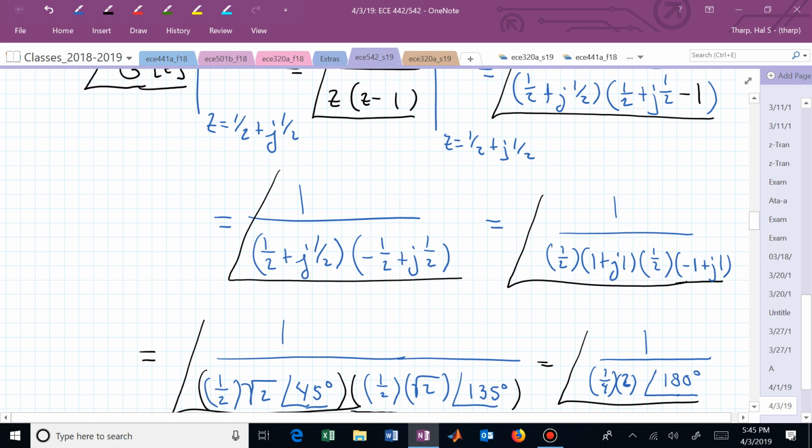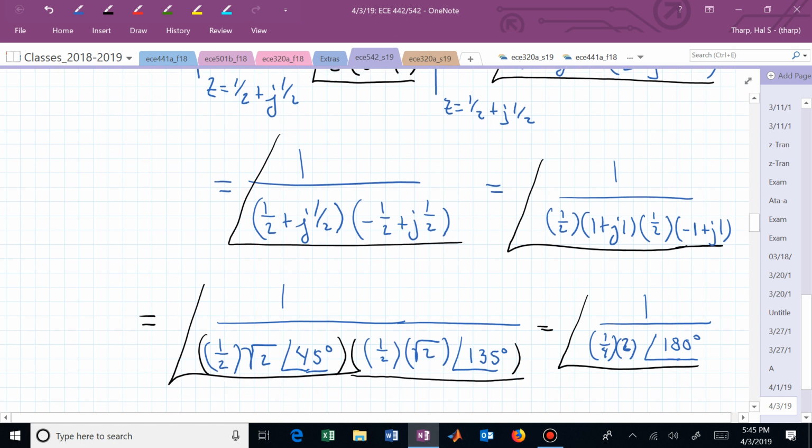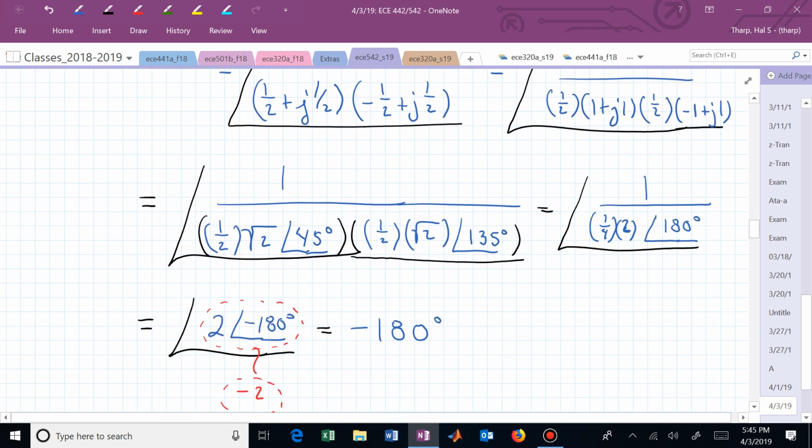You're back to the left minus 1 and up 1, that's an angle of 135. And I hope you can see that we now have 180 degrees in the denominator as an angle, which if you moved it upstairs, we have a complex number really of minus 2, and the angle associated with minus 2 is minus 180 degrees.